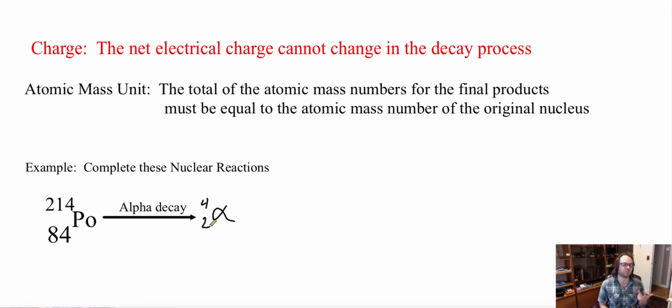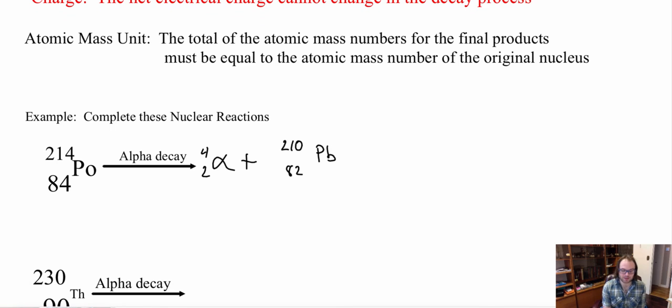So altogether it's going to lose 2 protons and 2 neutrons, which means polonium is no longer going to be polonium, it's going to be lead. So we're going to have 210 and 82, and this is going to be lead. Remember, we use our atomic number to figure out which element it is. And if we look here, we have the same masses.